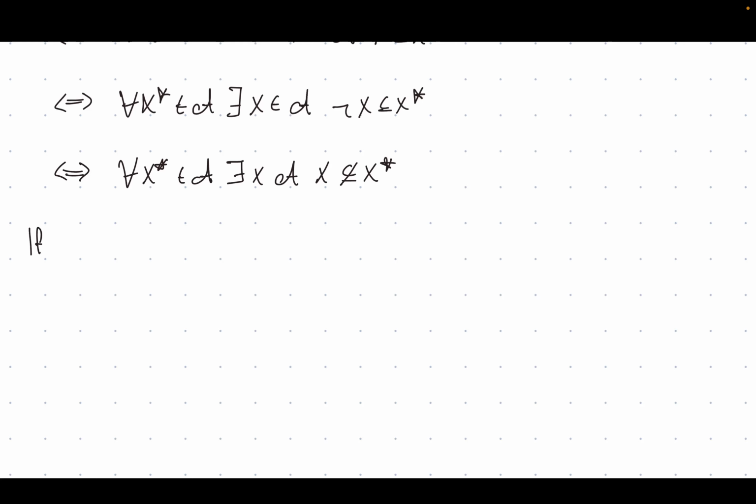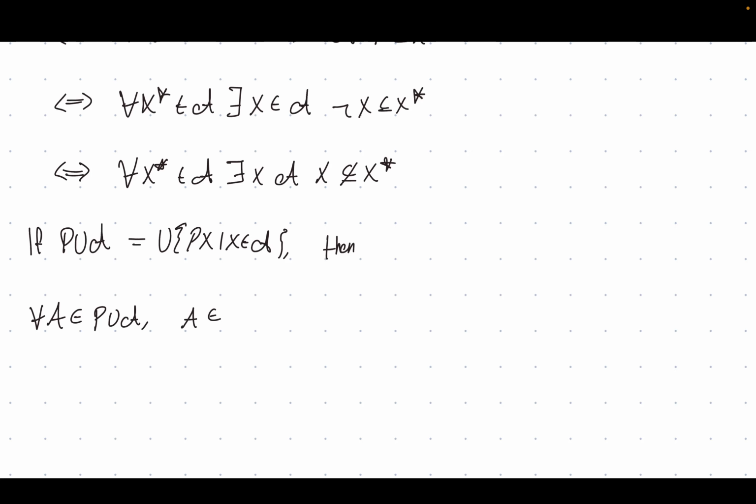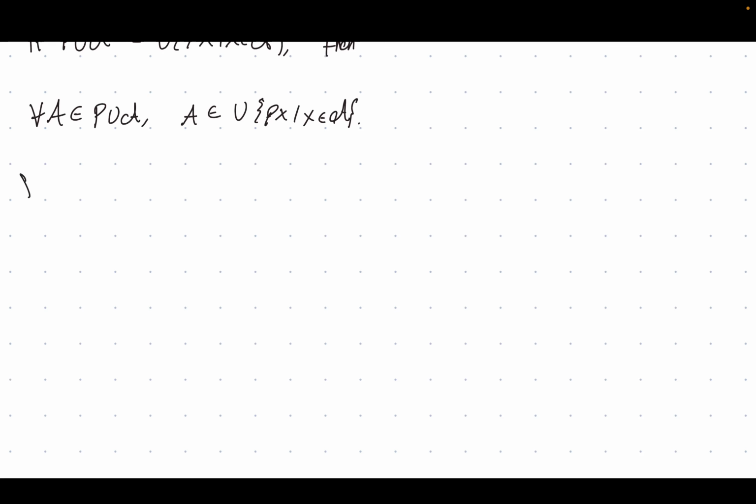Now, if the power set of the union of A is equal to the union of the sets P(x) such that x is in script A, then for all A in the power set of the union of A, A is in the union of P(x) such that x is in script A. So, as established earlier, there exists some x in script A such that A is a subset of x.